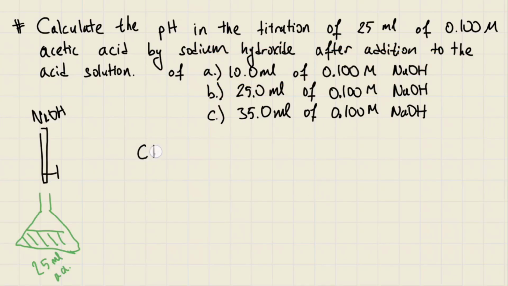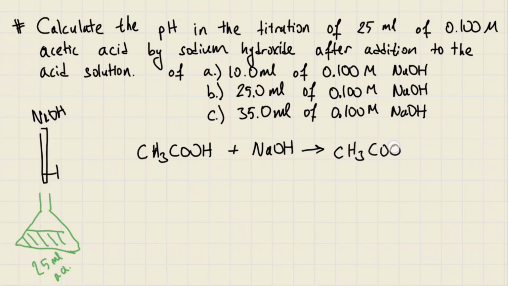And to calculate it, we have to know the reaction of acetic acid and sodium hydroxide. They will react with each other and it will create this molecule and water, right? So again, I have to calculate the moles of both of the chemicals.